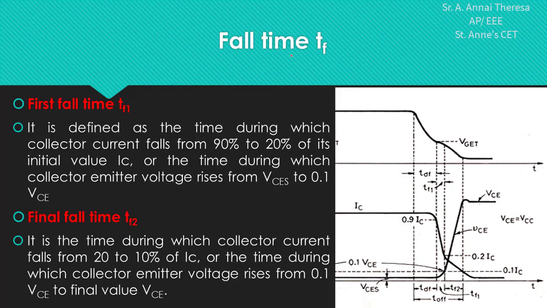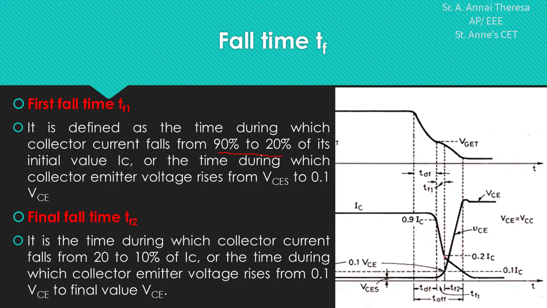Then in the fall time, what is happening? This is fall time 1, that is the first fall time. In the first fall time, the collector current falls from 90% to 20%, that is from 0.9 IC to 0.2 IC.